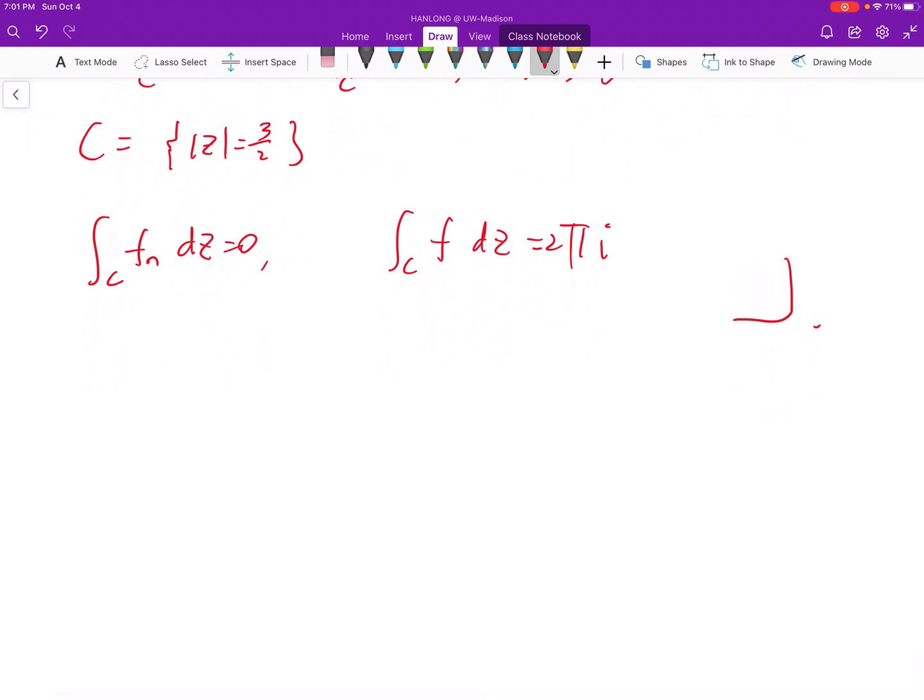So that means if you want to approximate on the set by polynomials, you need to have some topological condition on the set.